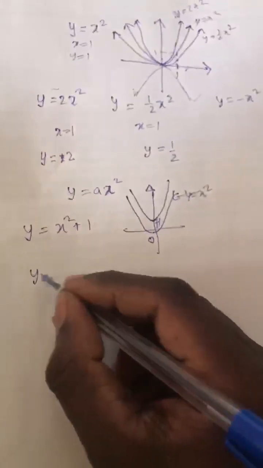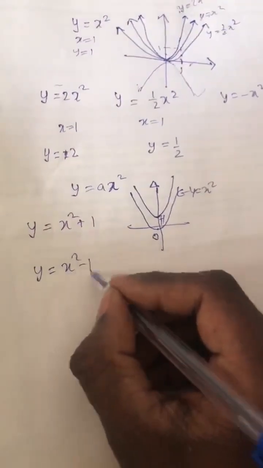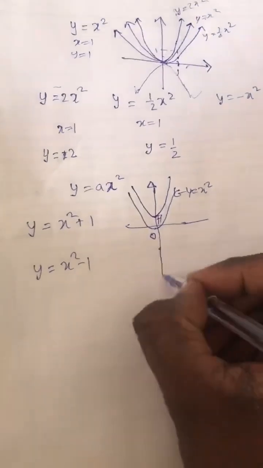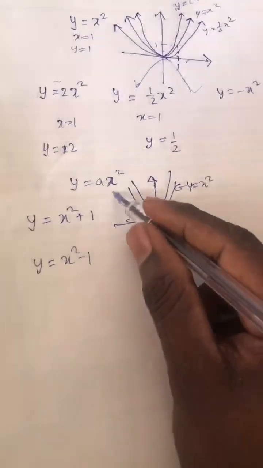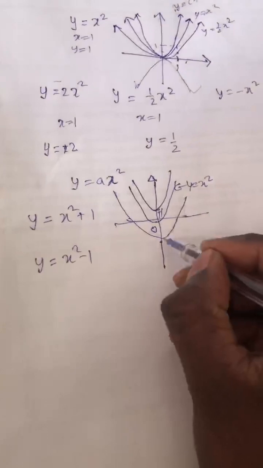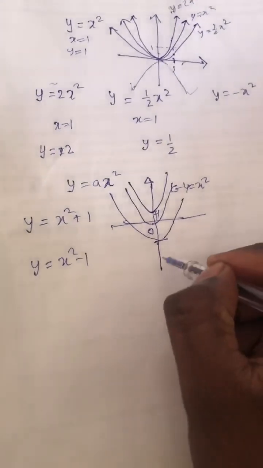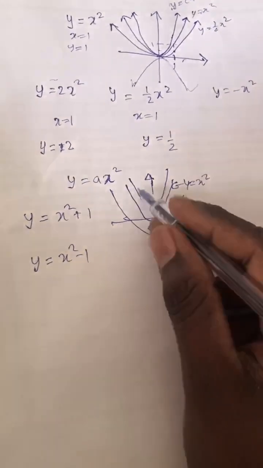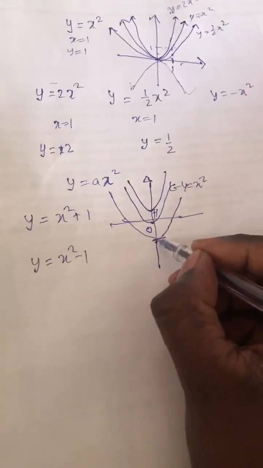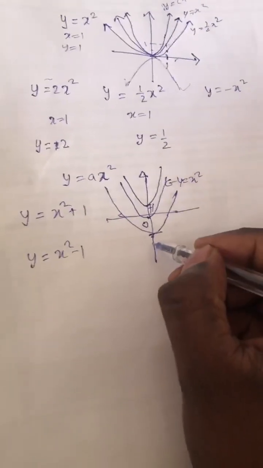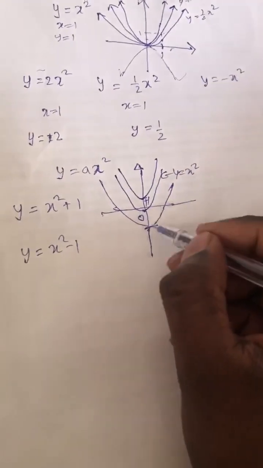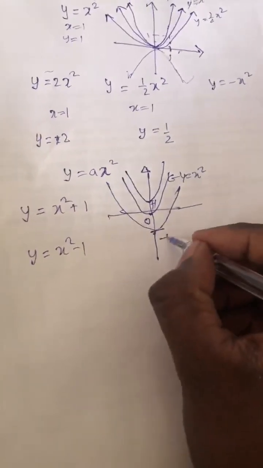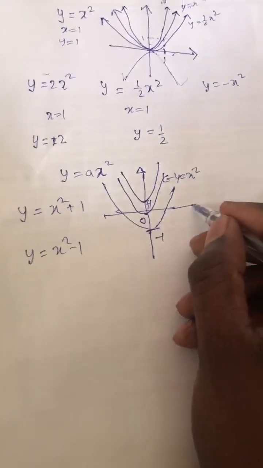So when we use x squared minus 1, it should be like this. The turning point, that means this is the turning point, the inflection point. In other words, the minimum value. What is the minimum value? Minus 1. Here it is like this.